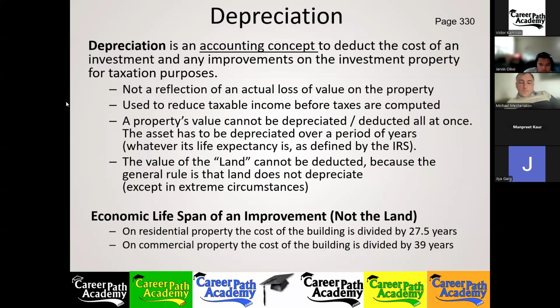Okay, so depreciation is not a reflection of the actual loss of value. It's just an accounting concept where you could reduce your taxable income. It's not a reflection of the actual value being lost.